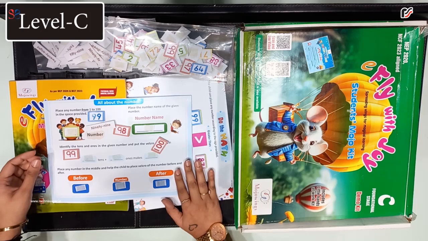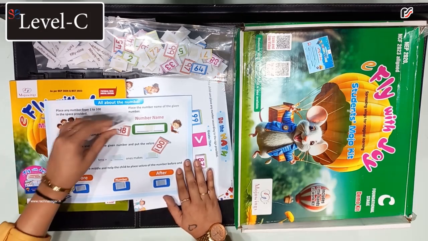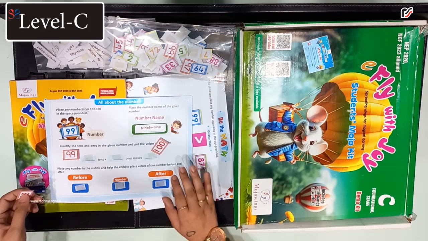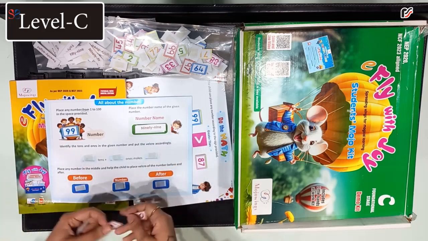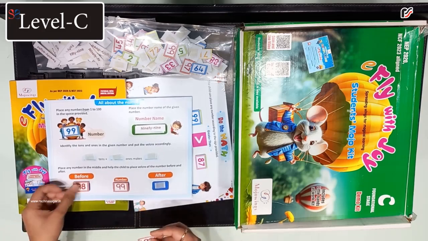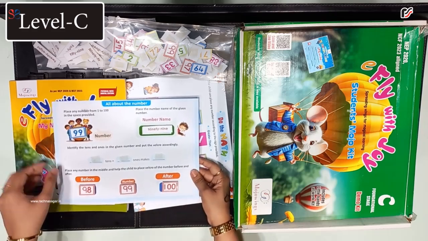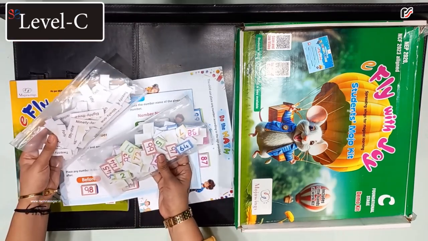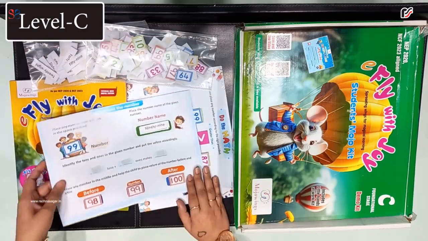So, for example, the students will paste 99, the number alongside its number name, alongside ones tens what it makes, then 99 in the middle, and then 98 comes before and 100 comes after. Like this, the students can complete the table and then they will have many Velcro stickers and they can make as many numbers as they want.